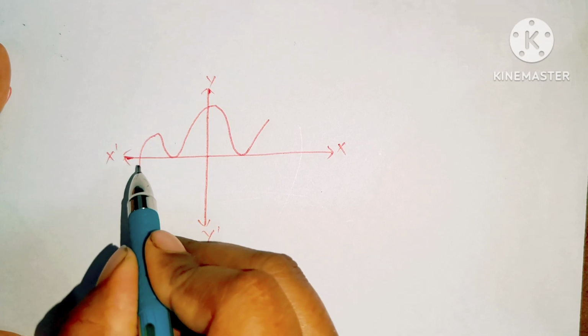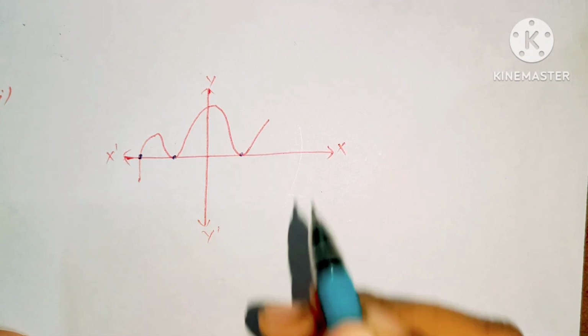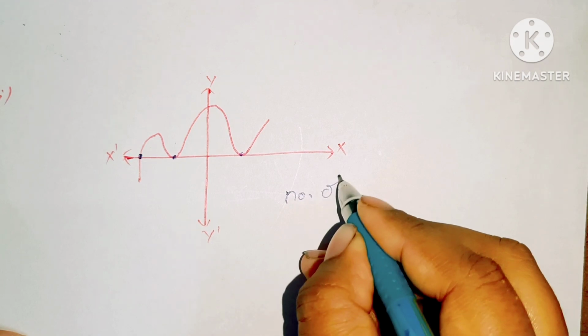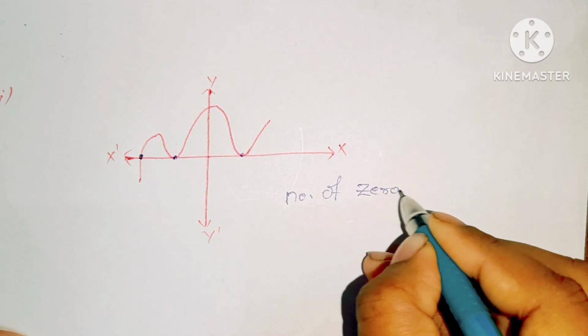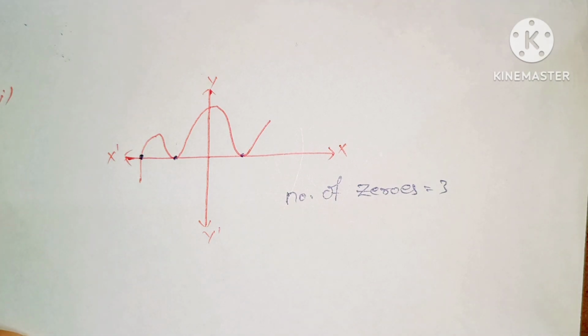See in this diagram, 1, 2, 3. So number of zeros equal to 3, because at 3 points it was intersecting the x-axis. Understood? So the first exercise was very easy. If they give it from the graph, it is 1 mark, in the 1 mark question or in the bits.